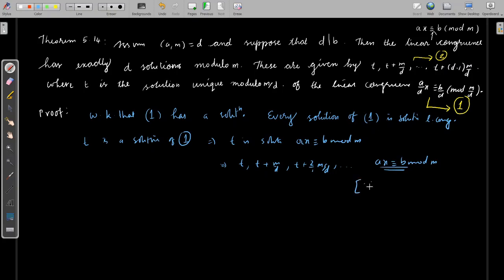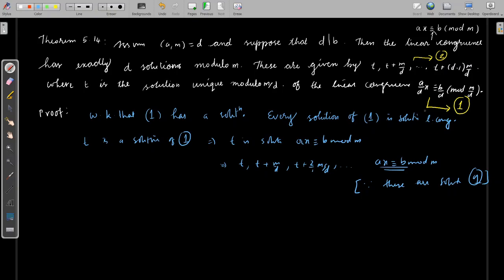Since these are the solutions of 1 itself. Since T is the solution of 1, then T plus M/D is congruent to T modulo M/D. So this T plus M/D is also a solution of the congruence 1. Then T plus 2 times M/D is also a solution of congruence 1.